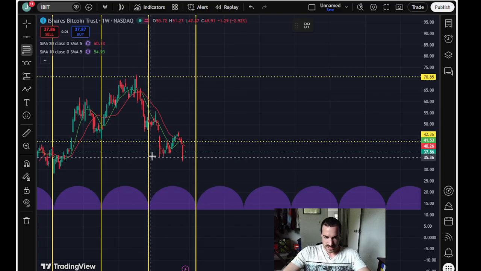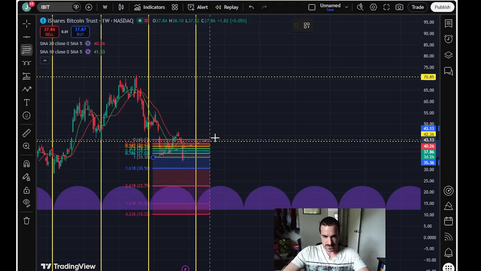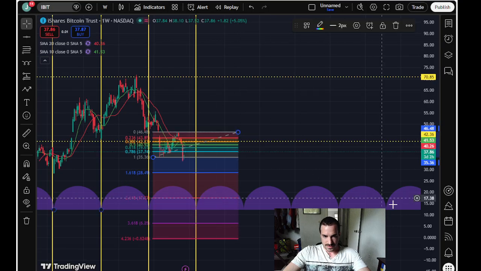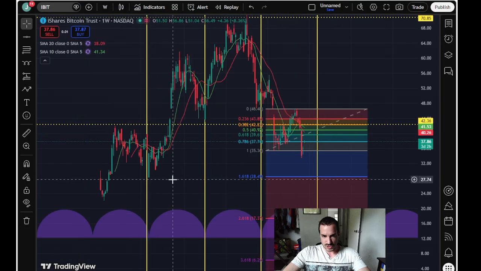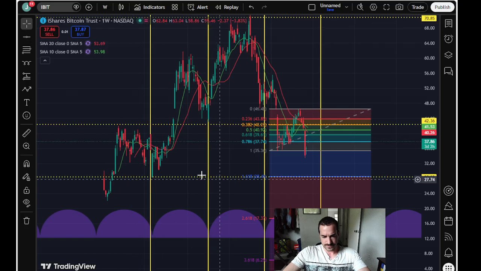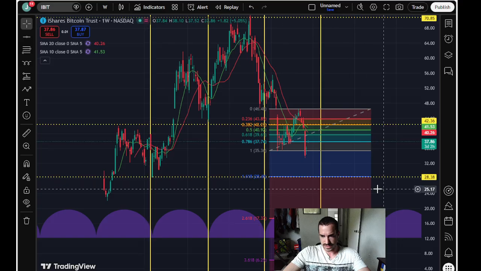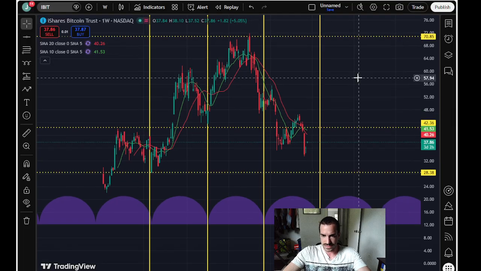Where my level would be, I do this most recent little pop right here in the weekly. So it shows the level is 28, which is also an inflection point right here, going back all the way to 24 in IBIT, which is an ETF of Bitcoin.